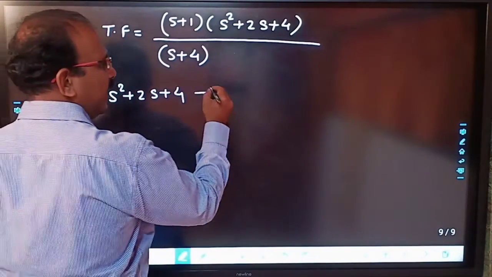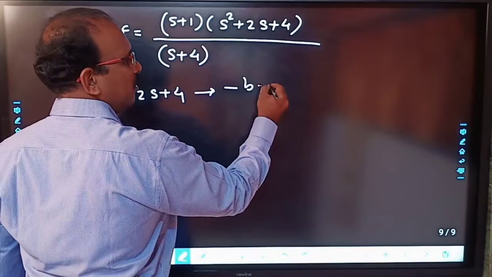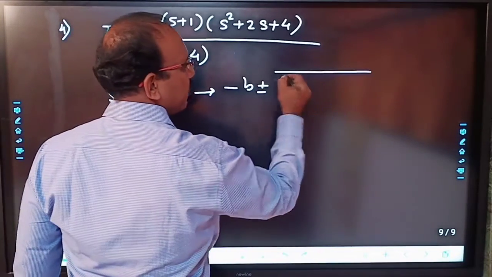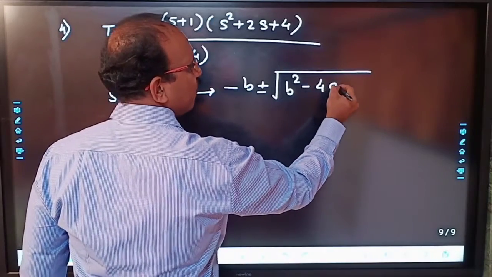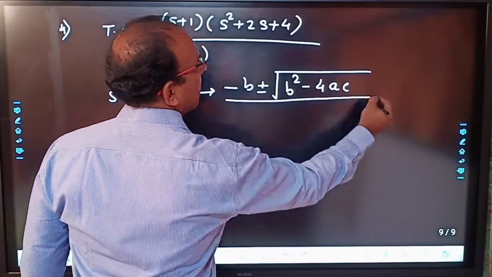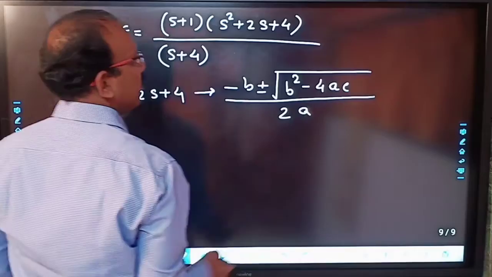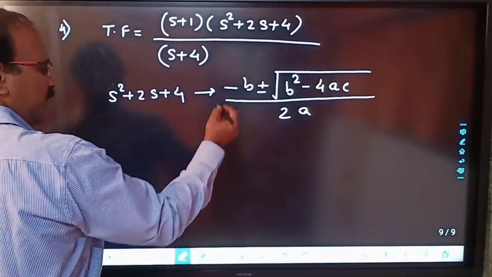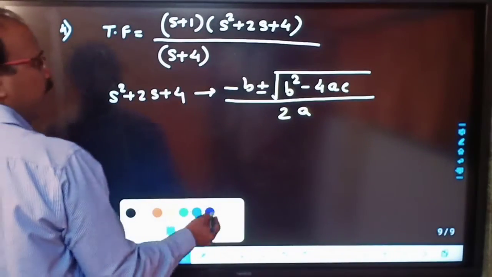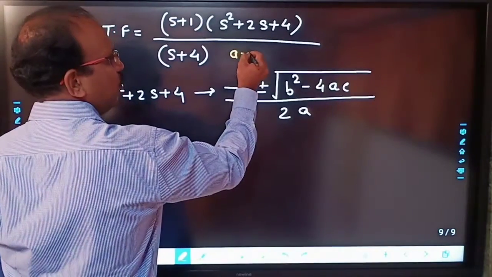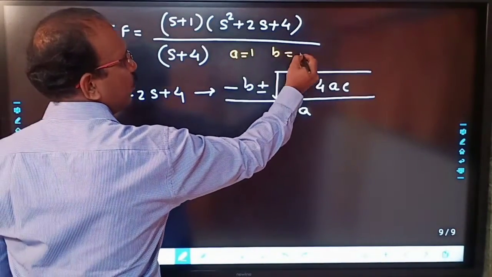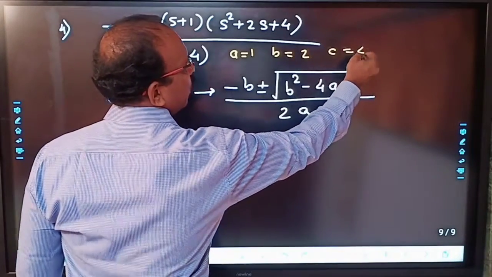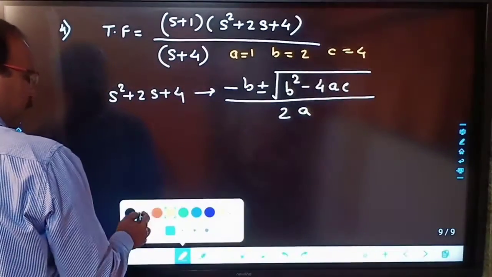So I will write in this format, minus b plus minus root of b square minus 4ac upon 2a. So what is the value of a here? A equal to 1, b equal to 2, c equal to 4. So substitute here.